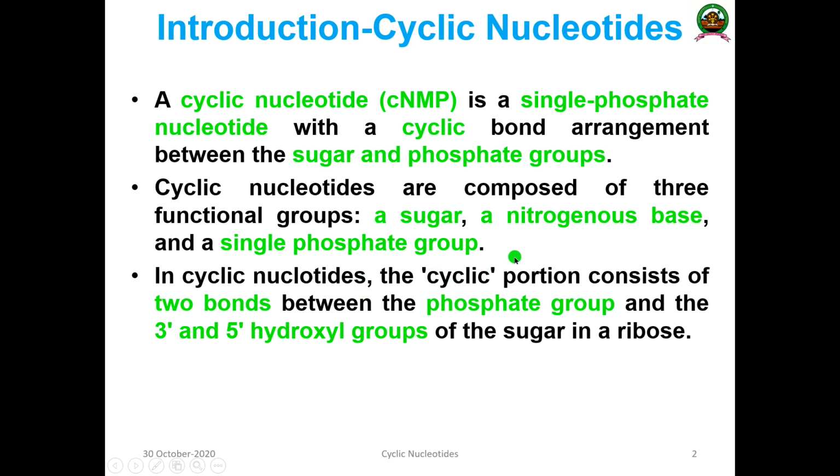In cyclic nucleotides, the cyclic portion consists of two bonds between the phosphate group and the 3' and 5' hydroxyl groups of the sugar, ribose or sometimes deoxyribose. The hydroxyl groups on carbon 3 and carbon 5 interact with the phosphate, forming two bonds and a cyclic compound.